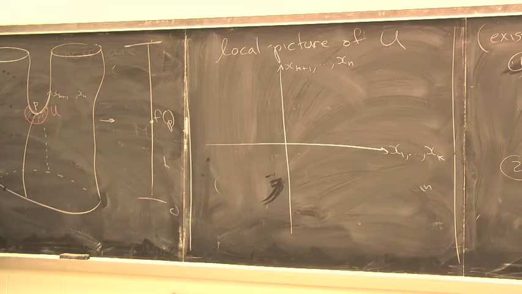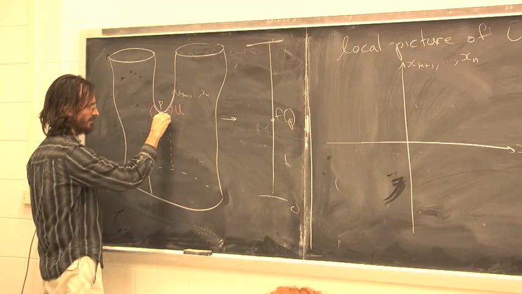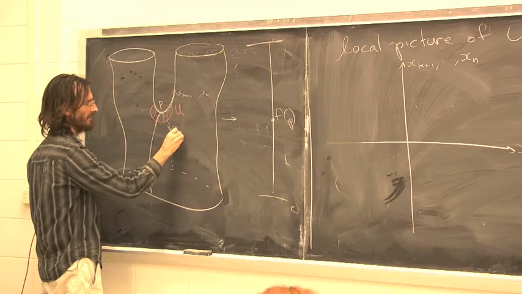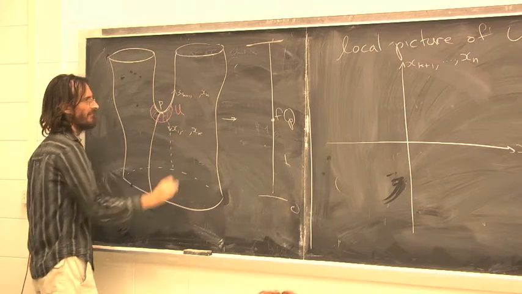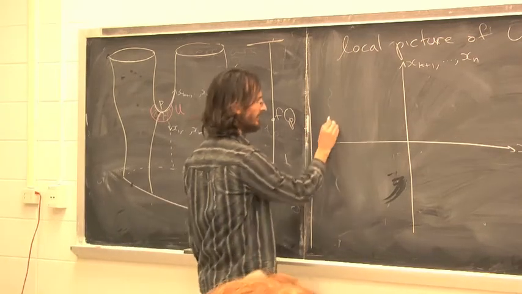Those are the directions in which the function is increasing, and that's x1 and x2. So here's my coordinate chart U.